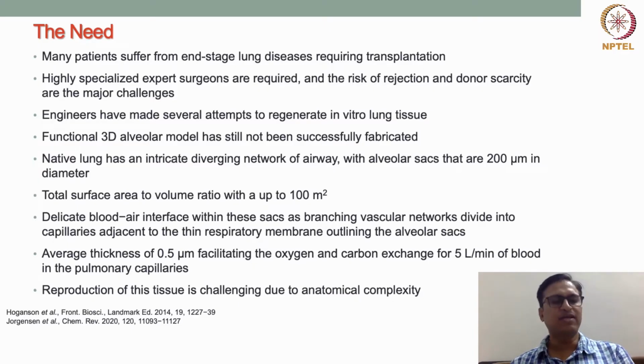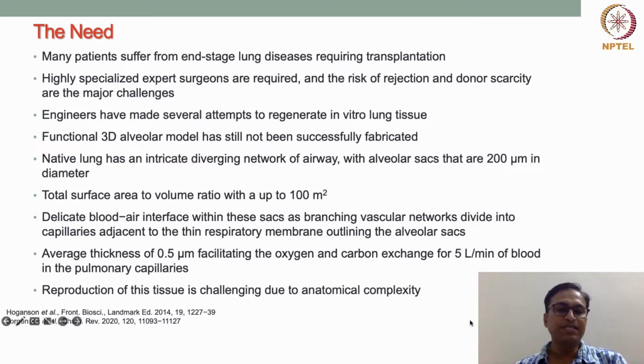At that high speed, in a minute 5 liters of blood can pass through this network and gaseous exchange can happen, where oxygen diffuses from the air to the blood capillary area, and carbon dioxide diffuses in reverse, from the blood to the air space in the alveoli.